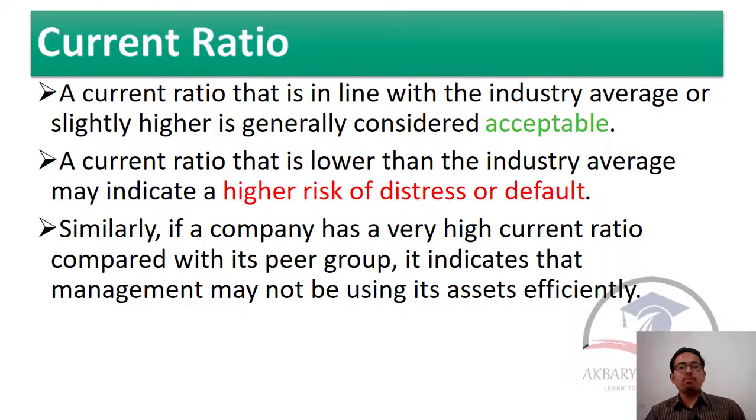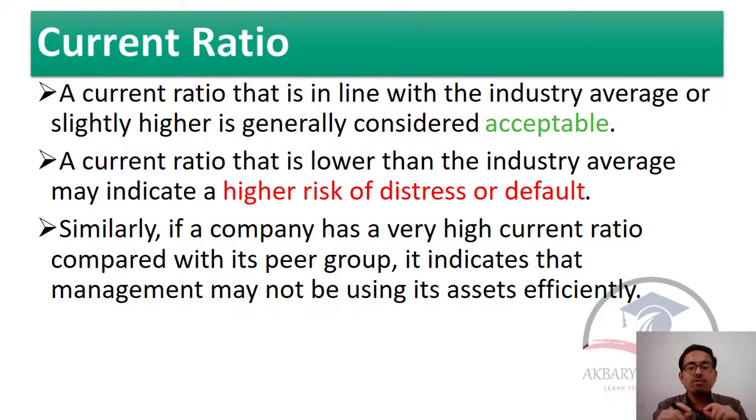Let me go through an example. Suppose the company has $50,000 of short-term liabilities overall, and they have $500,000 of current assets. It means that it is 10 times higher than the current liabilities they need to pay.